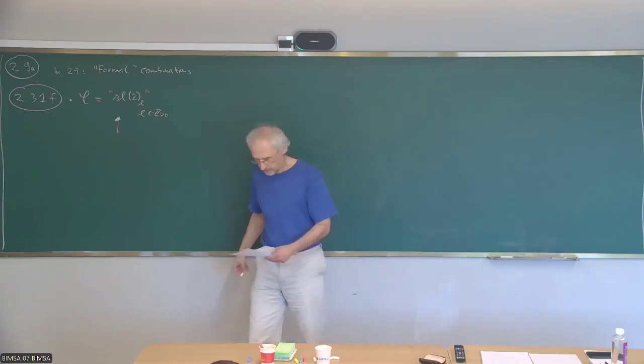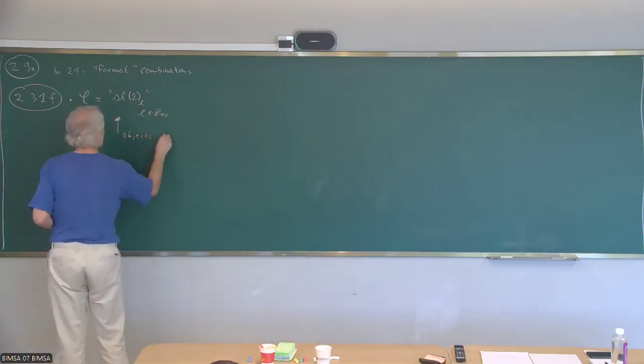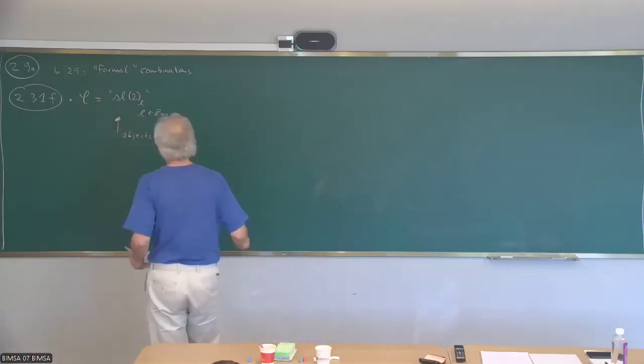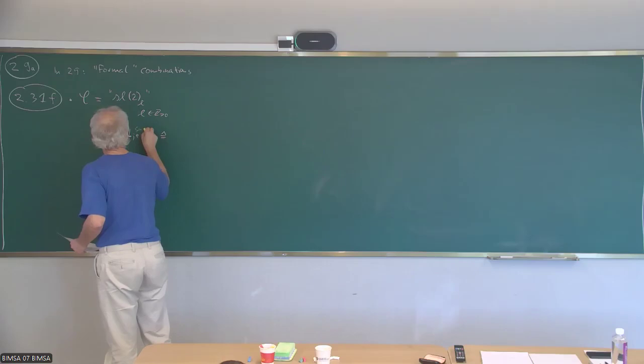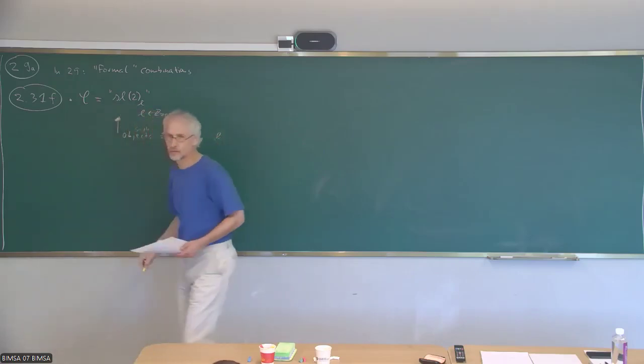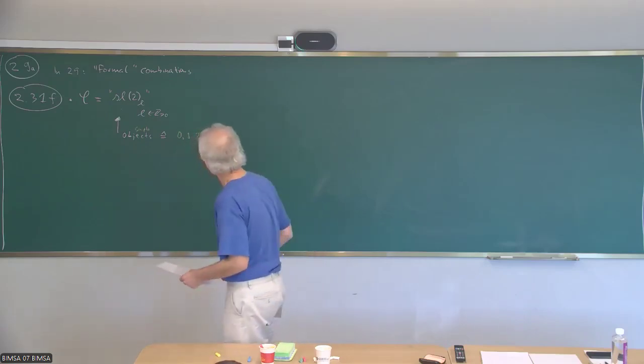In particular, it's a modular category, and the isomorphism classes of simple objects correspond to labels 0, 1, up to k. So there are k plus one of them, and there is a tensor product.